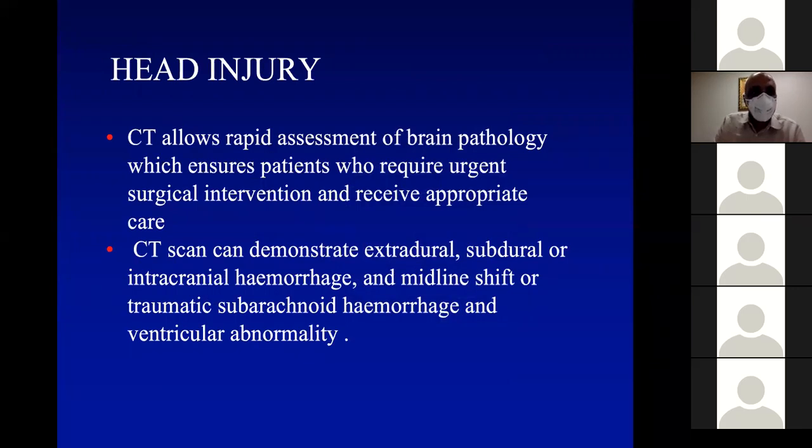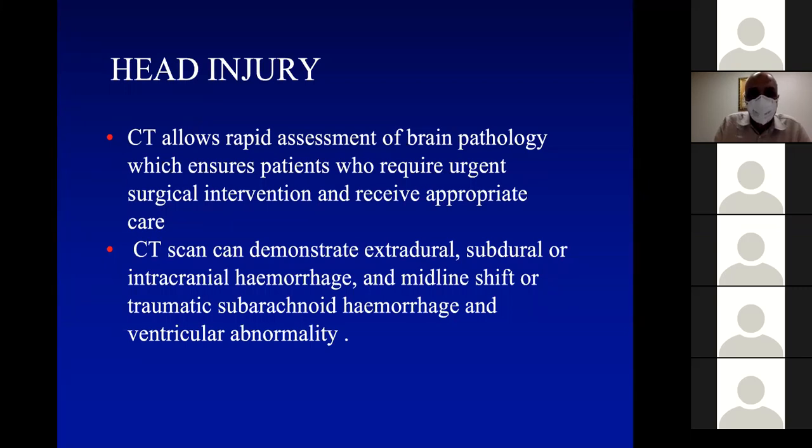Right, in case of head injury, CT is the first modality which should be used. It allows rapid assessment of brain pathology, which identifies patients who require urgent surgical intervention. If there is a lot of blood accumulation, there is a danger of coning.